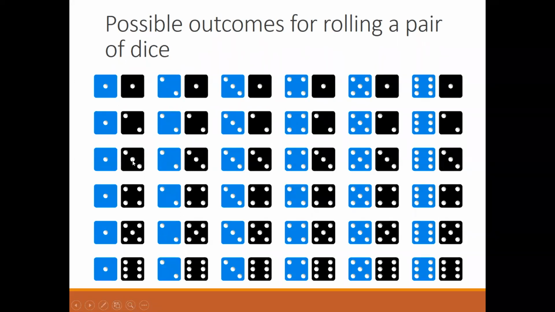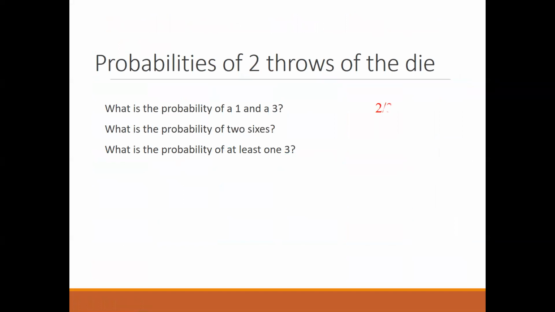So 6, then we have a 3 here. 7, 8, this we have already considered. 9, 10 and 11. Okay, so 11 by 36 is the right answer for this question. So 2 by 36, then 1 by 36, and finally 11 by 36 are your answers.